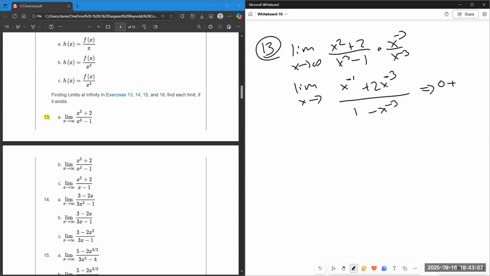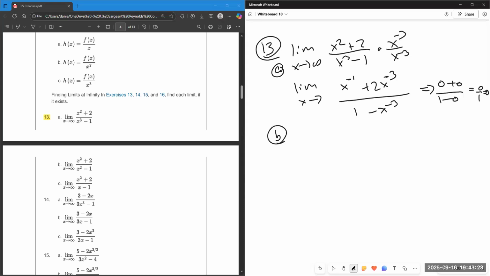This is going to 0 plus 0 over 1 minus 0. It's going to 0 over 1, which is 0. That's for part A.